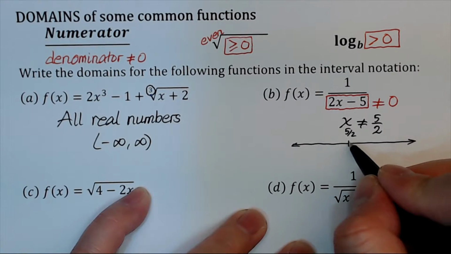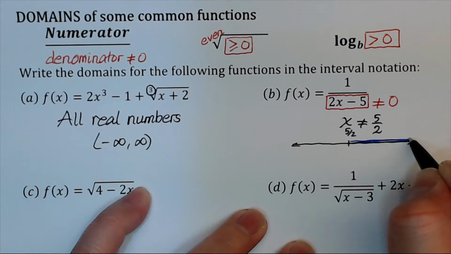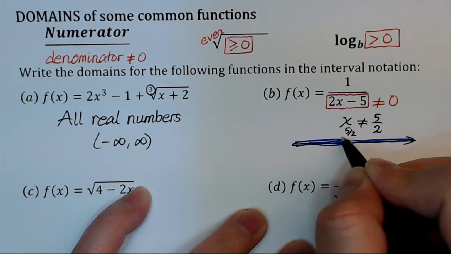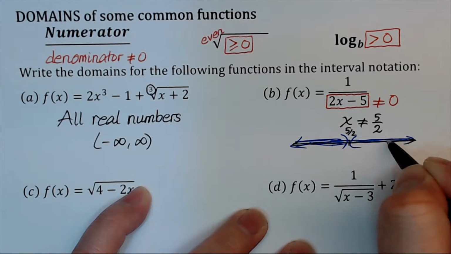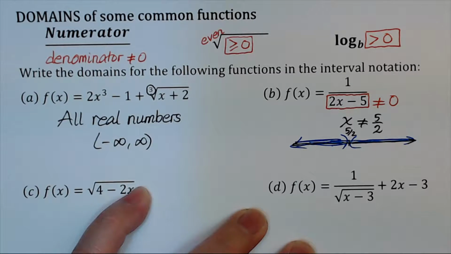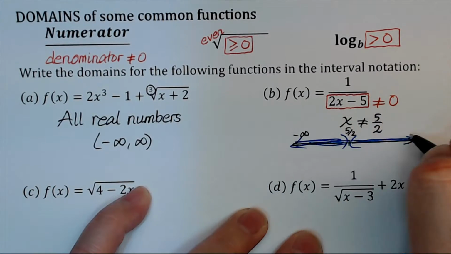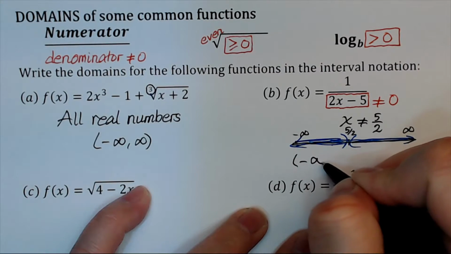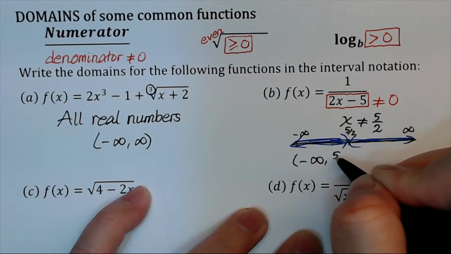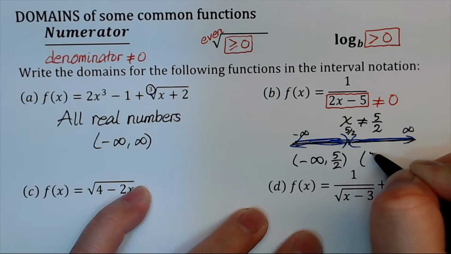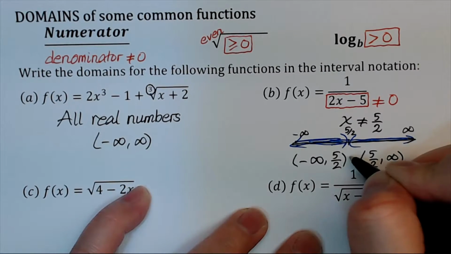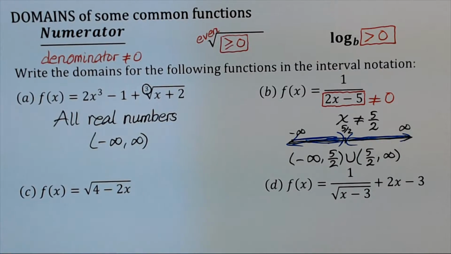We can have anything on the right, anything on the left. So the domain is negative infinity to 5/2, union 5/2 to infinity.